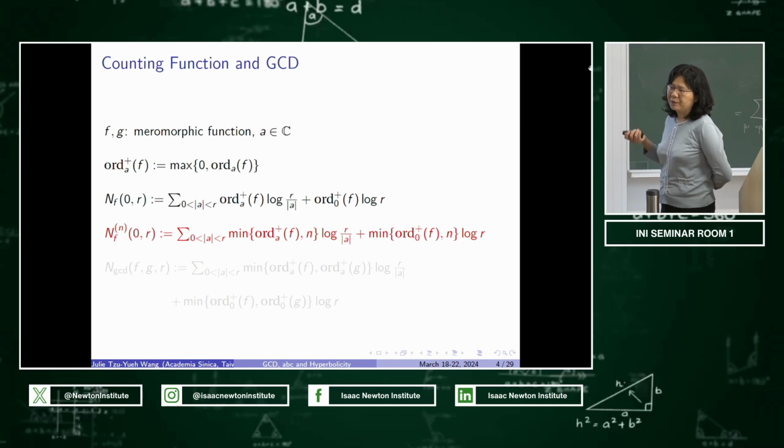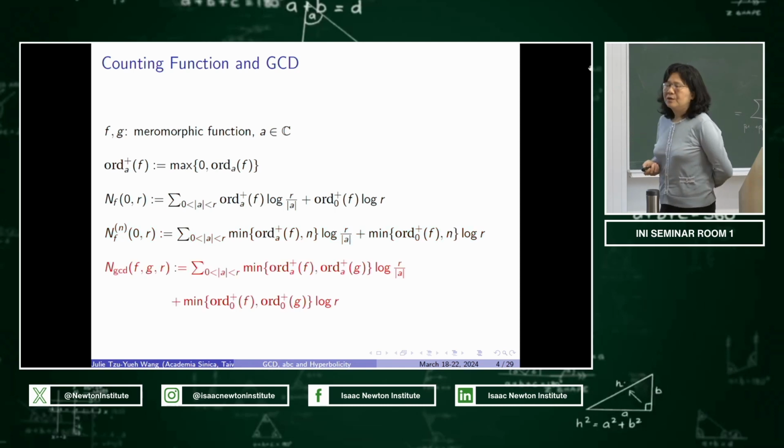So if you have n squared, you only count n. And for two functions, what do we mean by the GCD? It means the common zeros, so it's very natural to define this as the minimal zero order. These are the things we need.